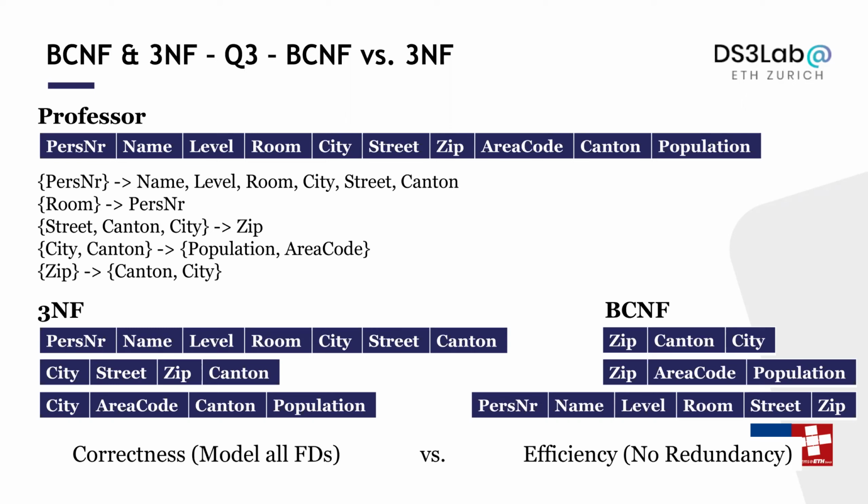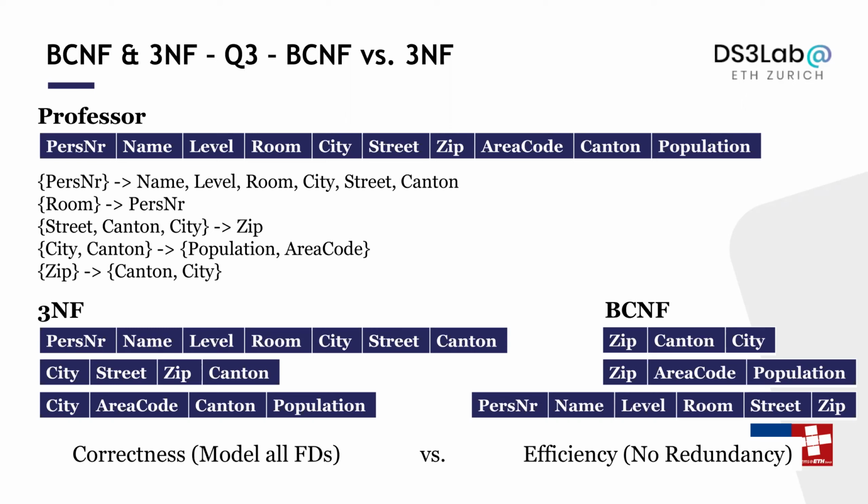So essentially, if you put them together, there's a very interesting trade-off between correctness and efficiency. And that is why in real-world applications, sometimes we need one or the other. But as someone who uses databases in the real world, you need to know both. That's why we talk about both in the lecture, because both of them are very interesting.